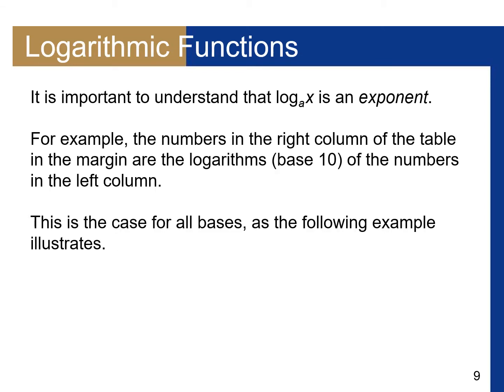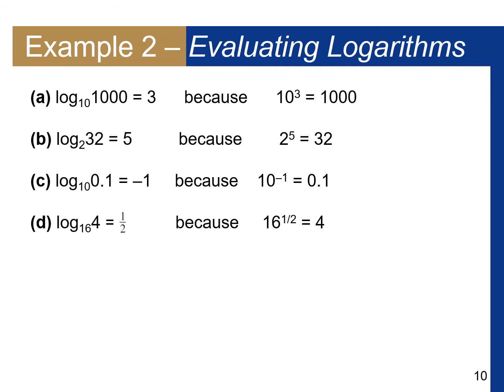So it's important to understand that this in itself is an exponent. The numbers in the right column of the margins are the logarithms, base 10, of the numbers in the left column. This is the case for all bases, as the following example will illustrate.